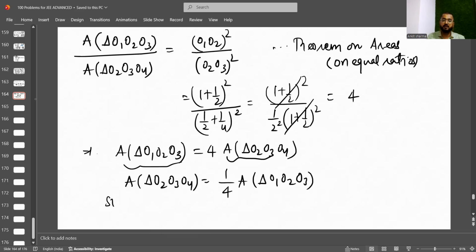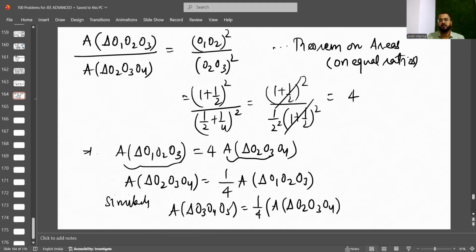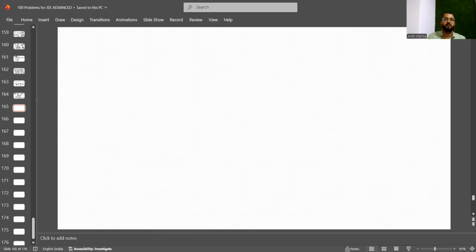So that means similarly now I can get the others. So the area of triangle O3O4O5 will be 1/4 of the area of triangle O2O3O4. This is (1/4)² of the area of triangle O1O2O3. Ultimately, this is the series. So we want A1 + A2 + A3 and so on.